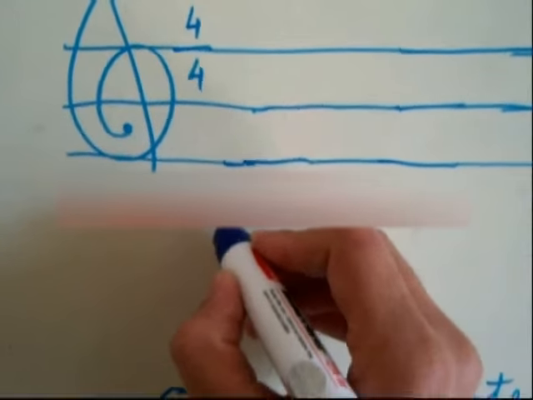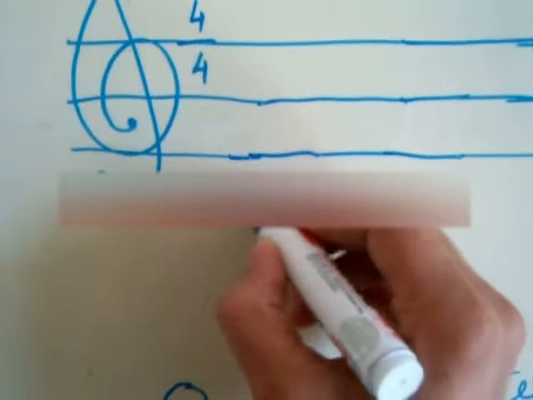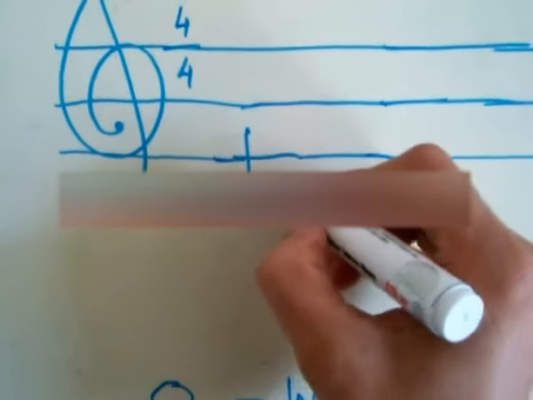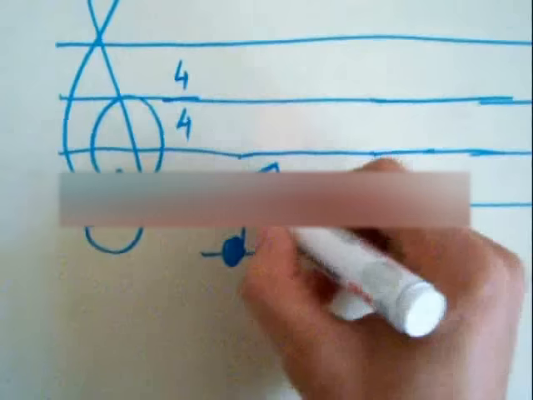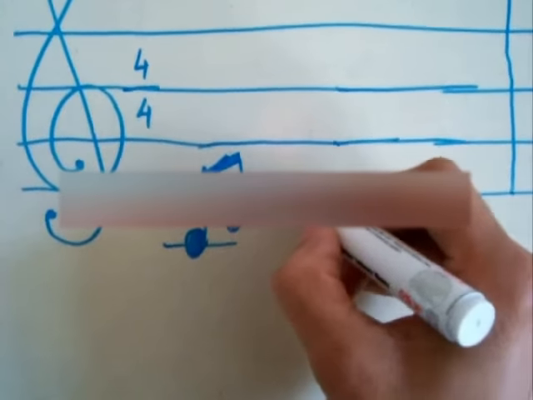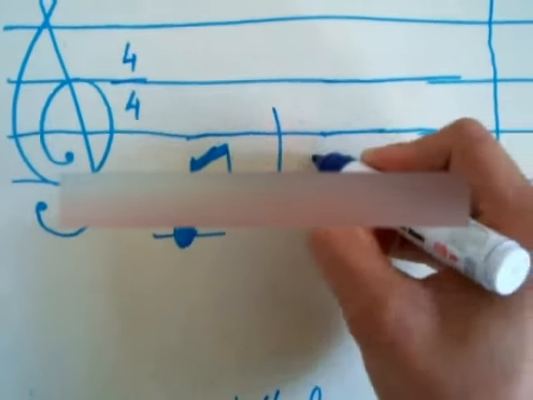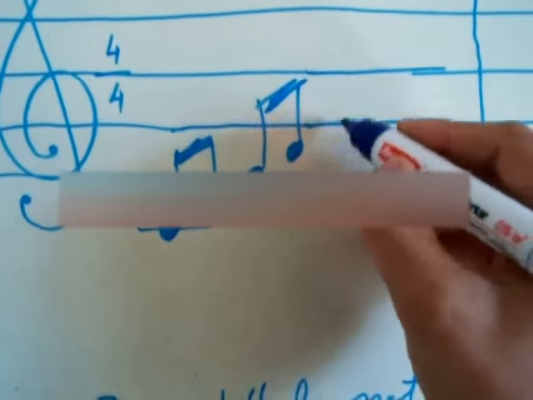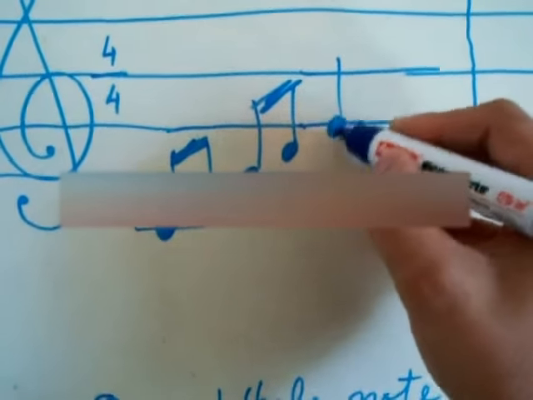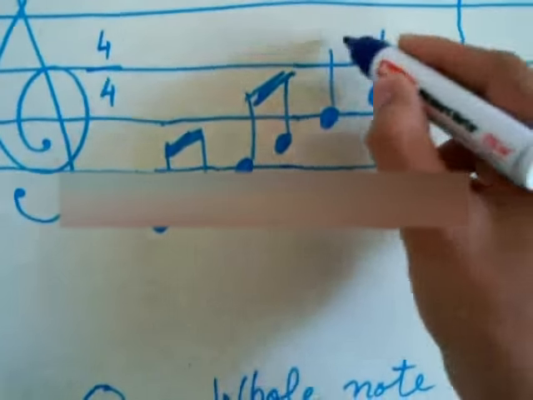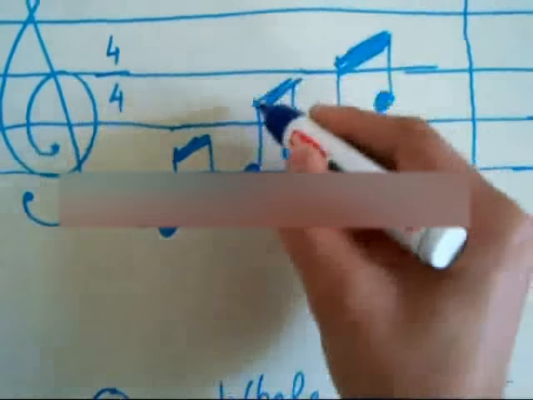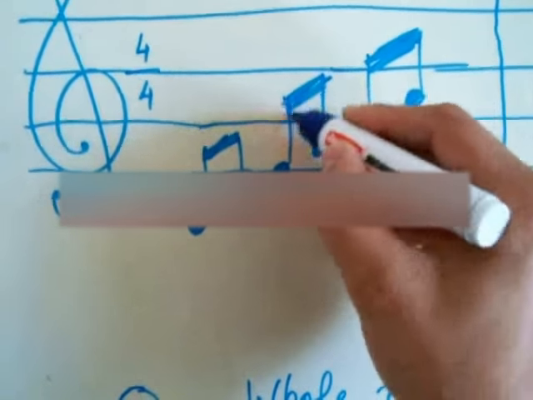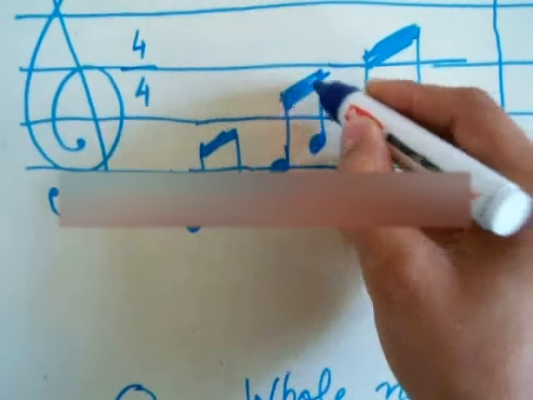Now, because you're writing sa re ga ma pa dha ni sa, you have to write like this. Your sa will come on C, and so on. So this is sa re, ga ma, pa dha. We are doing beaming in one beat in a measure.